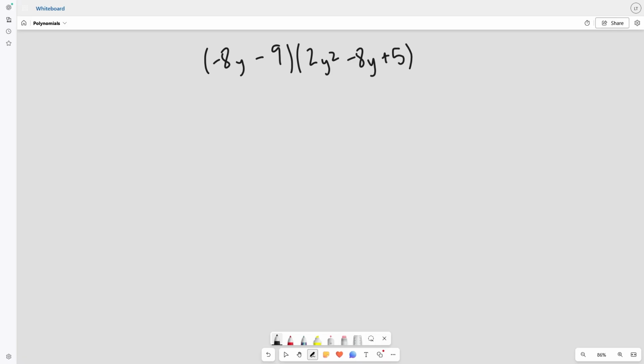And what you want to do here is break it into multiple parts. So the negative 8y, you will use the distributive property, multiply it by this whole expression. Then you will have the negative 9 and multiply it by the whole expression.